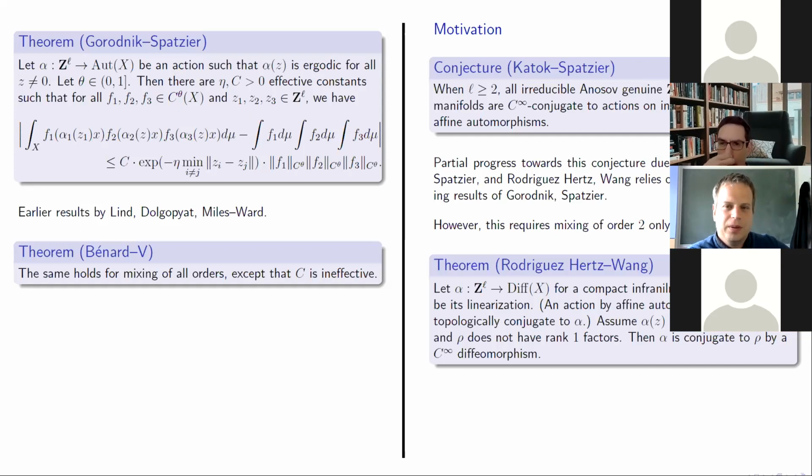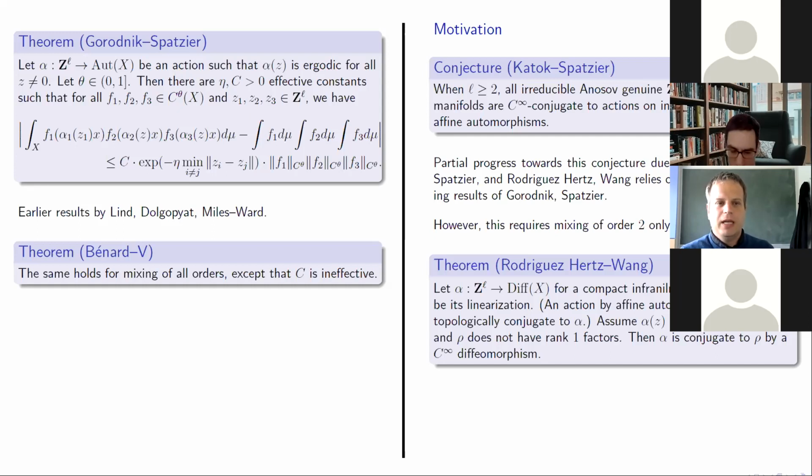But we talked about the word genuine. So in the result of Rodriguez Hertz and Wang, genuine means that if you look at the linearization, then it doesn't have a rank 1 factor. So it means that you don't have a quotient of your nilmanifold, which would be another manifold where you have an induced action by rho, that factors through an action of Z. So it's about either factors or sub-actions. About induced actions.